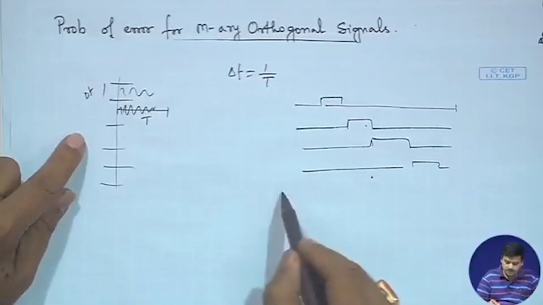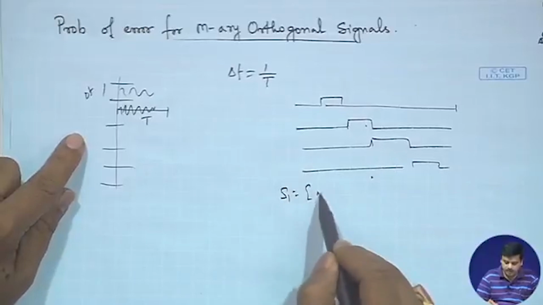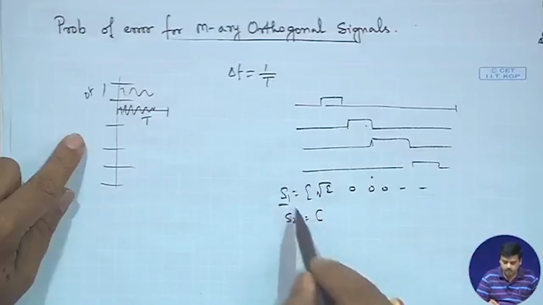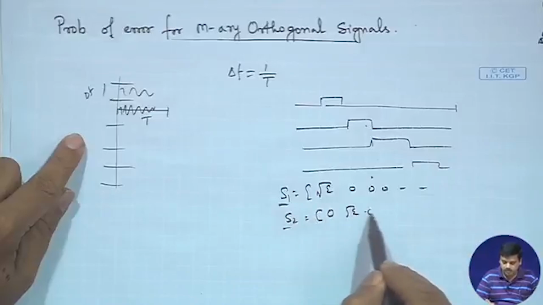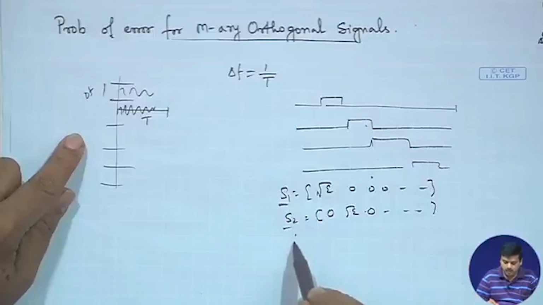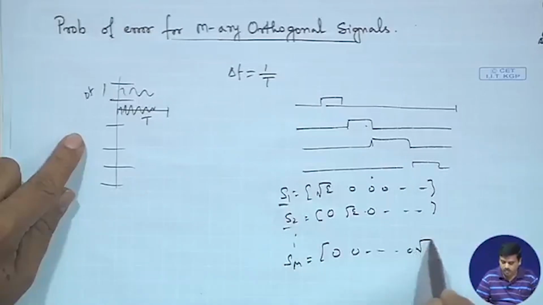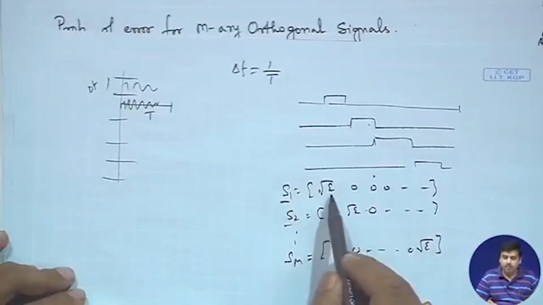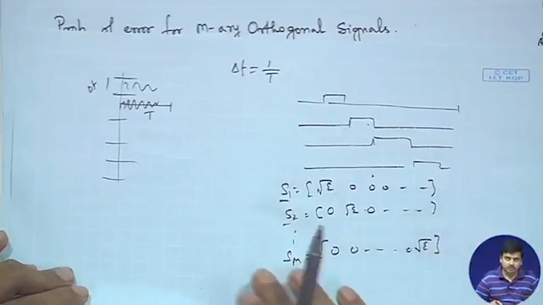So, in this case our signals were vectors that had the same energy, but had only one nonzero component and the rest were 0.